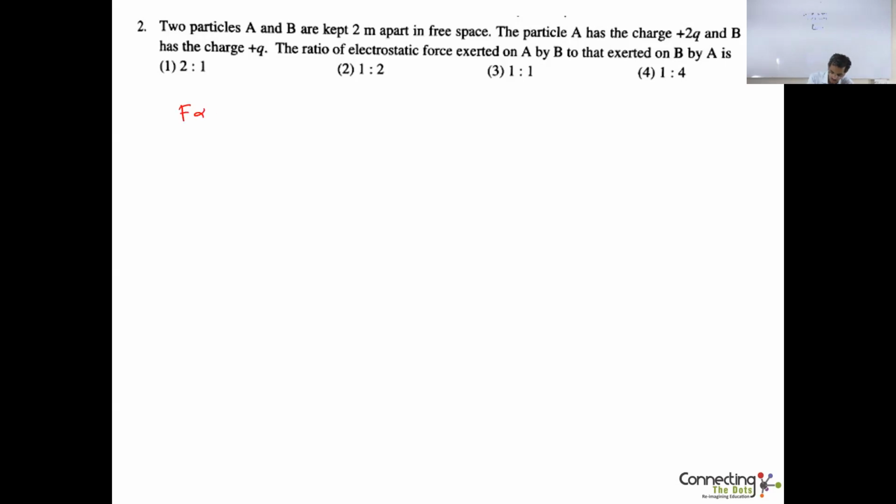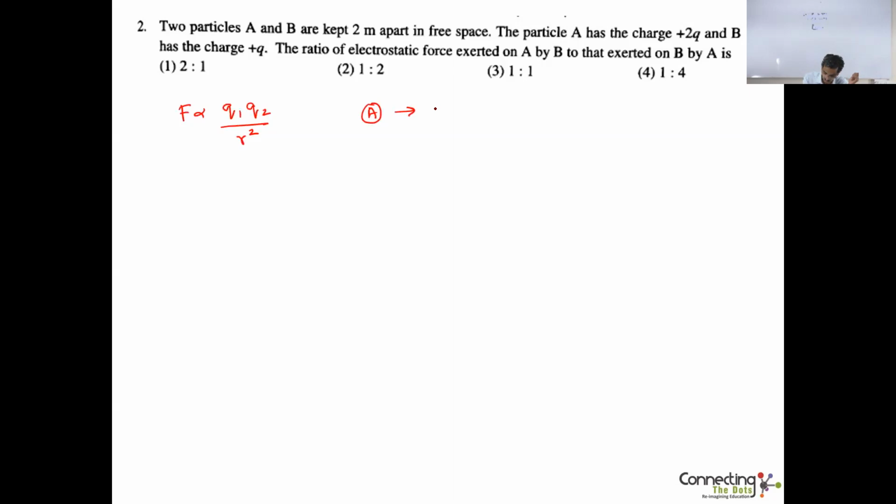start with the familiar equation, Coulomb's law. The force between the two charges is directly proportional to the product of the charges and inversely proportional to the square of the distance. Now, the first charge is 2q and the second charge is q, and they are kept 2 meters apart.